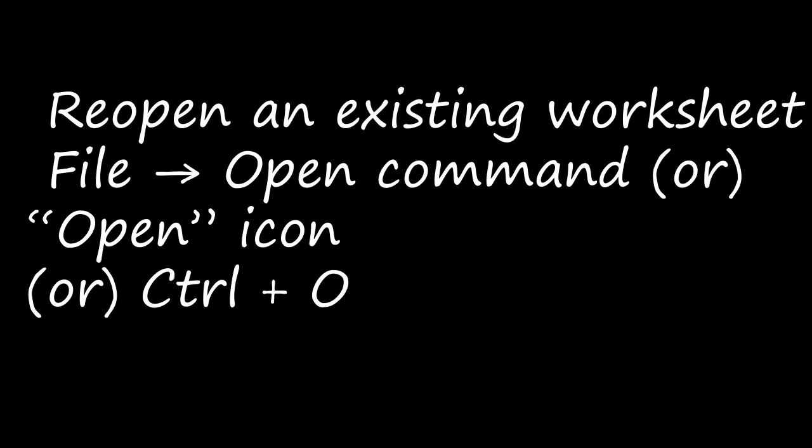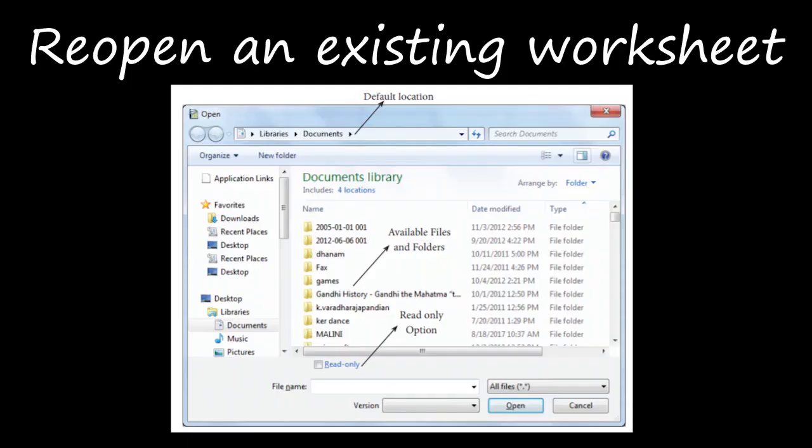Then the Open dialog box will appear. Here in this Open dialog box, the default location is Documents. The Documents folder will be opened as the default. So wherever your file is, if you have saved the file on the desktop, you can click Desktop. On the left side you have Favorites, Downloads, Recent Places, Desktop, and so on.